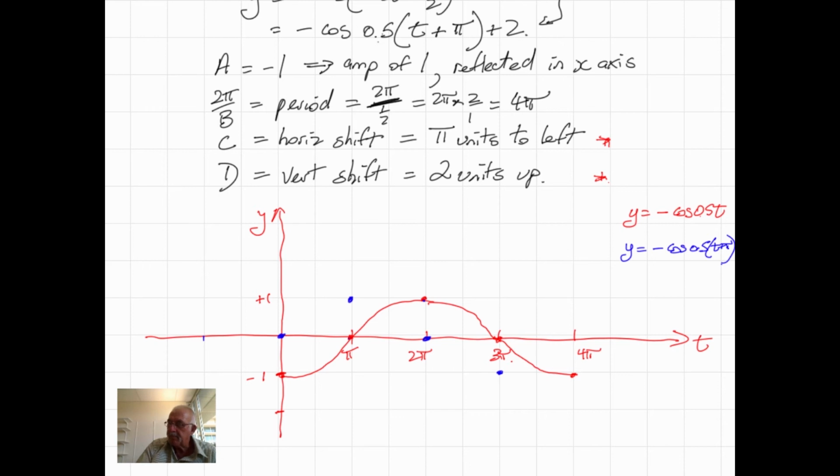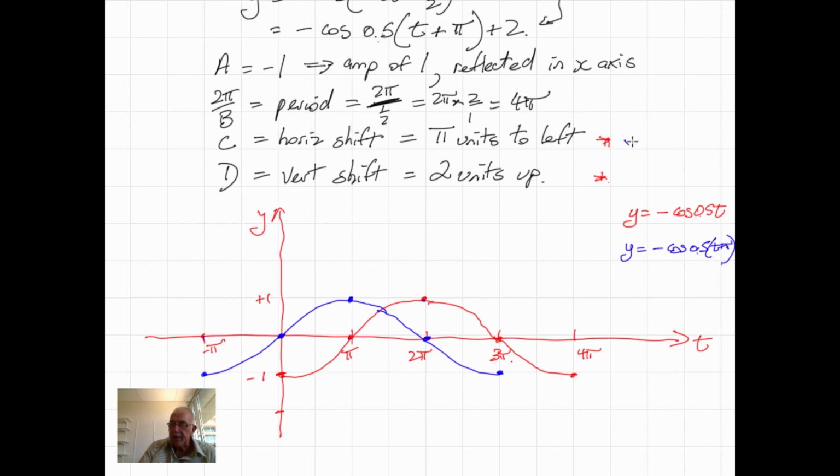If we get minus pi there, this point here moves across over to there. So this takes into account the phase shift, or the horizontal shift. So that's y equals negative cos 0.5 (t plus pi).